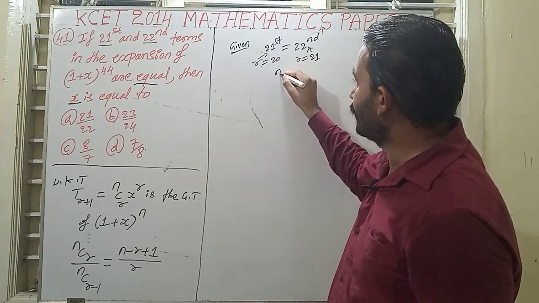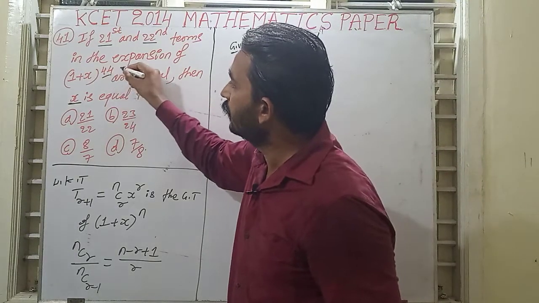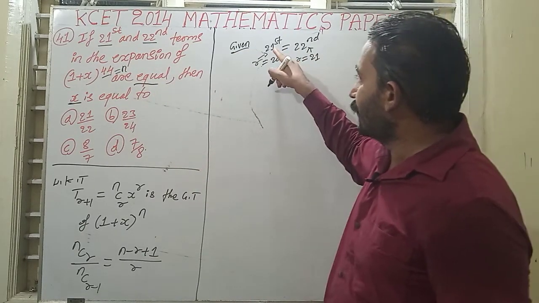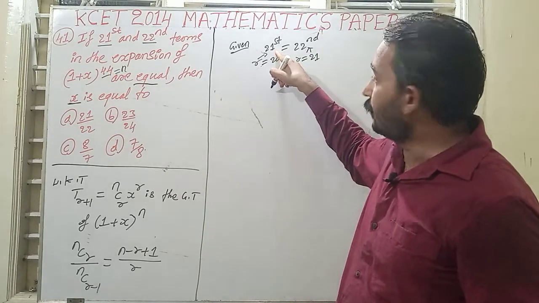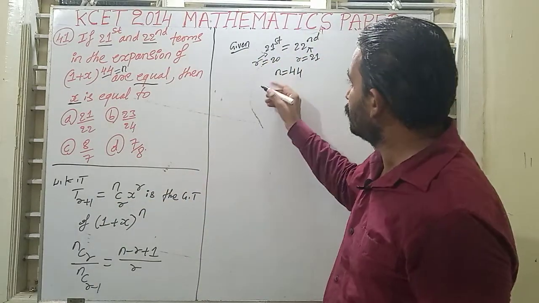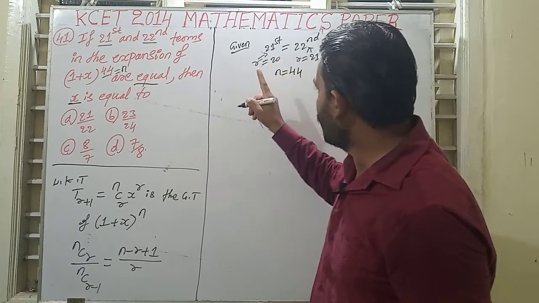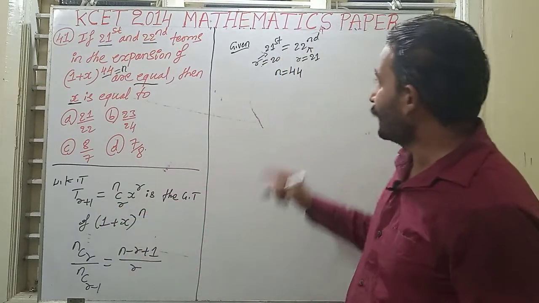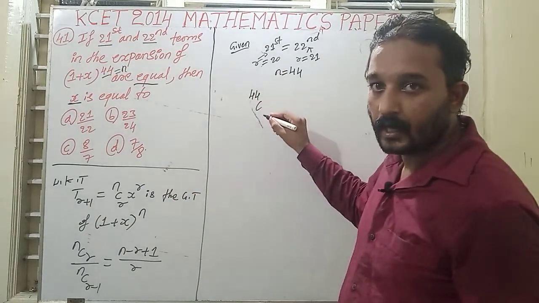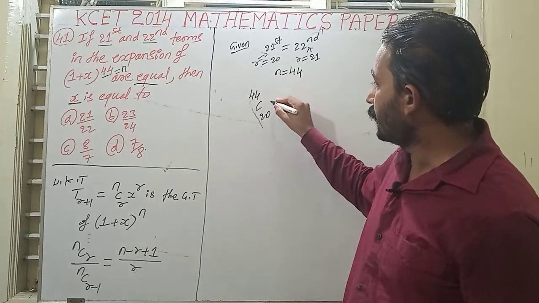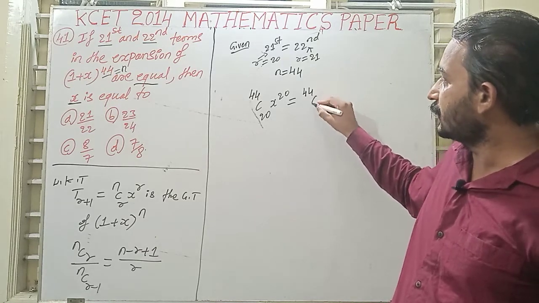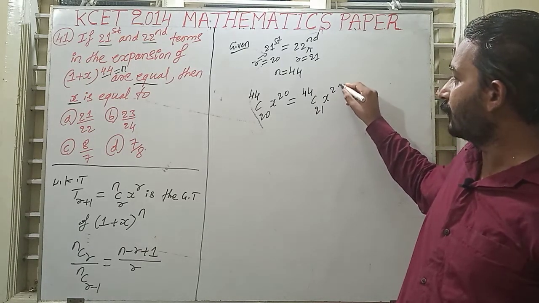In both cases n is the same. n is equal to 44. So write the 21st term and the 22nd term: put r equal to 20 and n equal to 44, 44C20 x to the power of 20 is equal to 44C21 x to the power of 21.